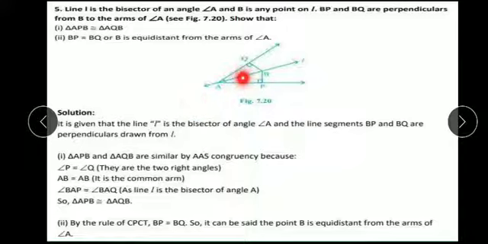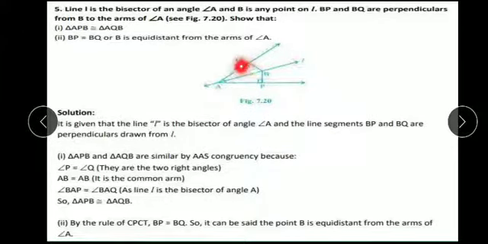If you see nicely, these two triangles are congruent by AAS. How do you see it? First of all, in this triangle this is 90 degrees. In the second triangle this is also 90 degrees. So both angles are equal. Then angle PAB is equal to angle QAB. Why? Because L is a bisector, these two parts are equal.